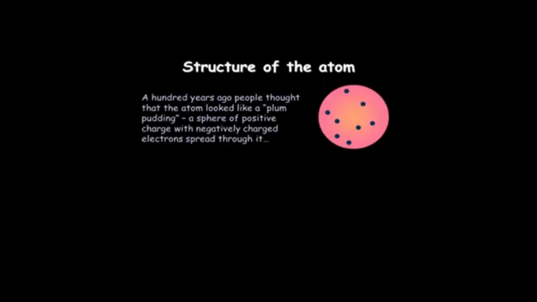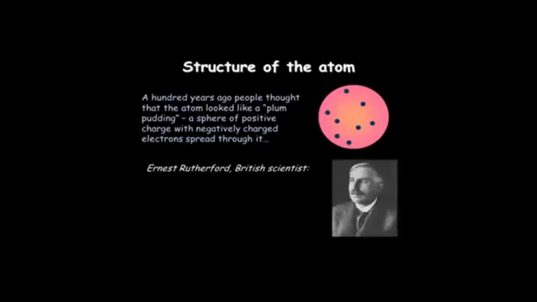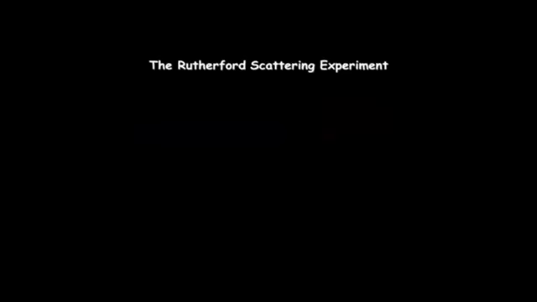Let us look at the animated video. This shows the experimental setup and observations related to alpha ray scattering experiment. Alpha particles are doubly ionized helium atom. So, the charge on alpha particles is 2 units positive.